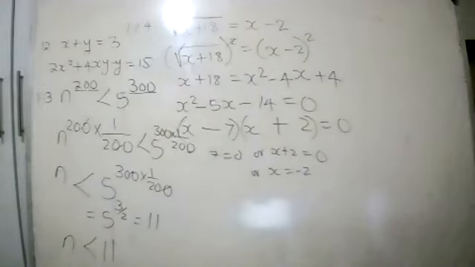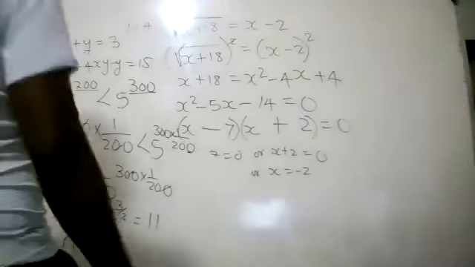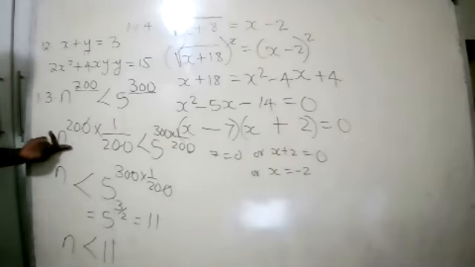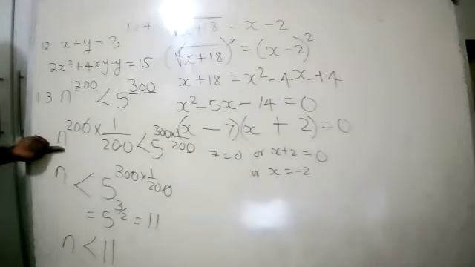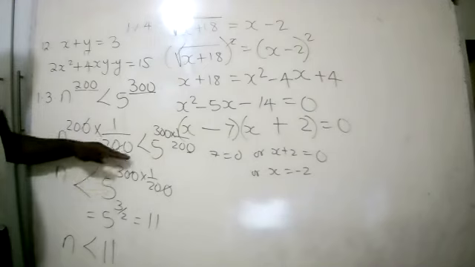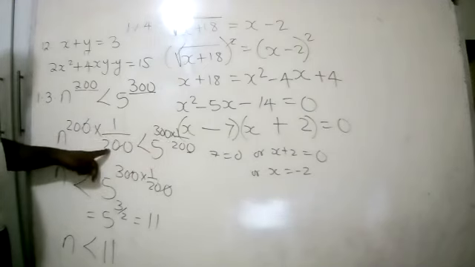Why are we applying 1 over 200? The reason you multiply by 1 over 200 is that our main goal in this question is to make n the subject of the formula. The problem we have is this exponent here. So we must find a strategy for killing this exponent of 200, and the strategy can be to multiply both sides by 1 over 200.